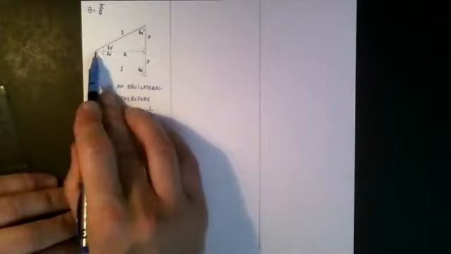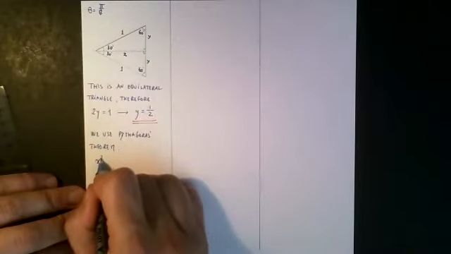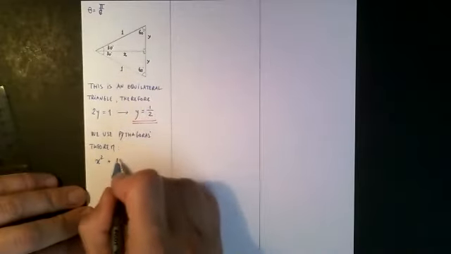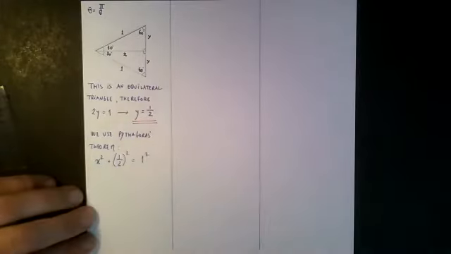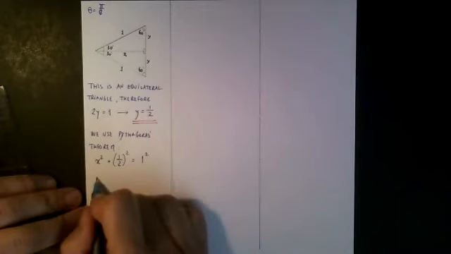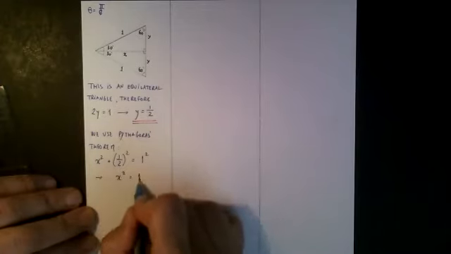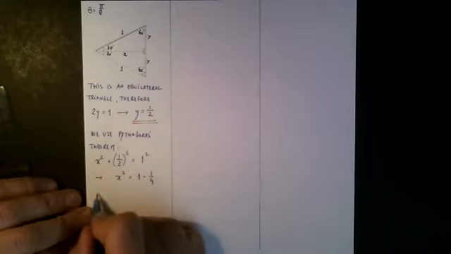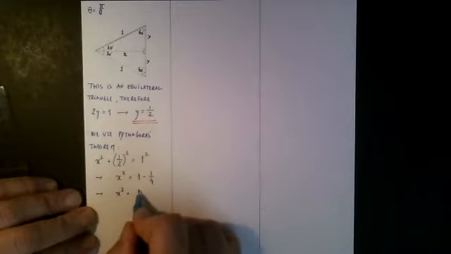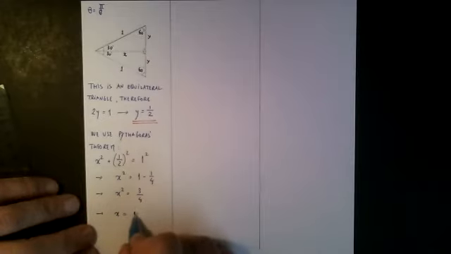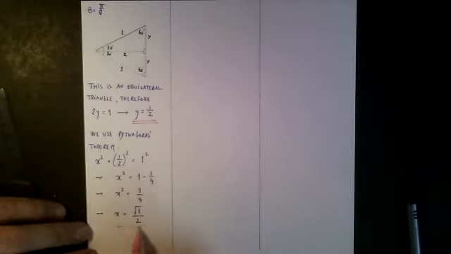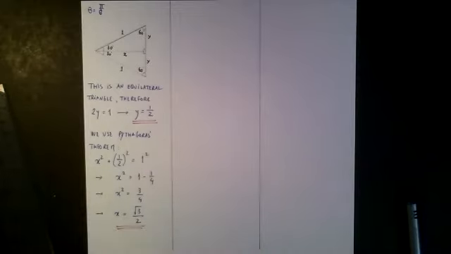And therefore, we have x squared plus y squared, so (1/2) squared, equals 1 squared, which means that x squared is 1 minus 1/4. x squared is 3/4. And so x, I do the square root, I get √3/2. There you go, I found the x. I found my point.